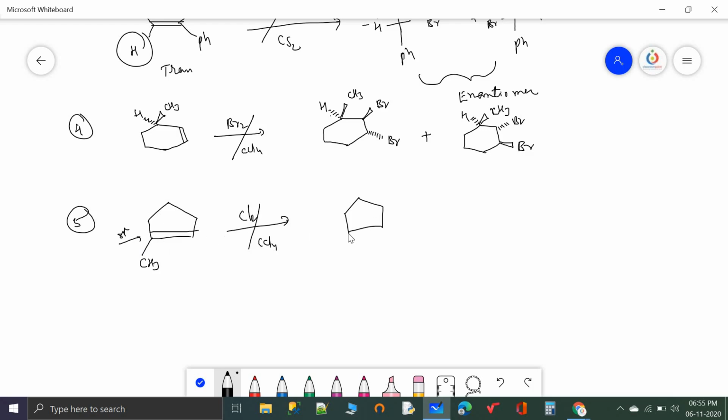They are all in the same plane. So one time you put the methyl group above the plane and the chlorine below the plane and this chlorine above the plane. Second time you write the molecule like this. This time the methyl group goes down and chlorine will be above the ring and this chlorine will be below the plane of the ring. So these are all again enantiomers.